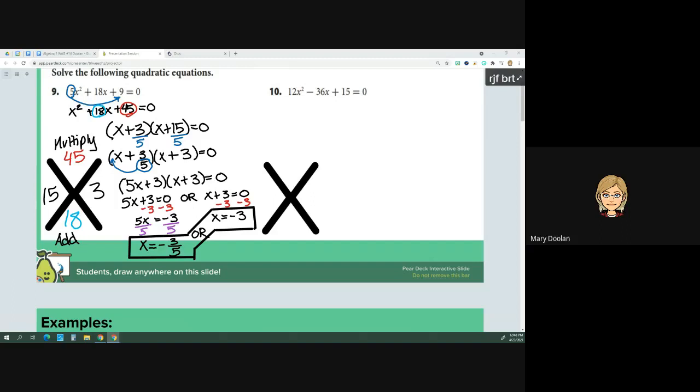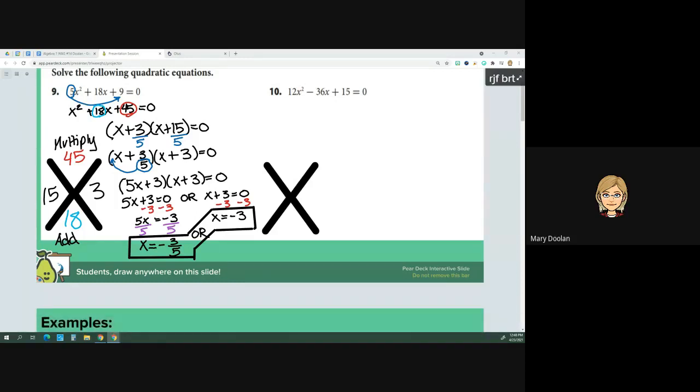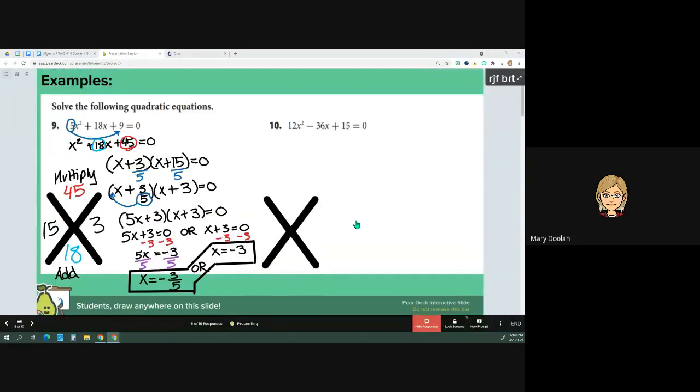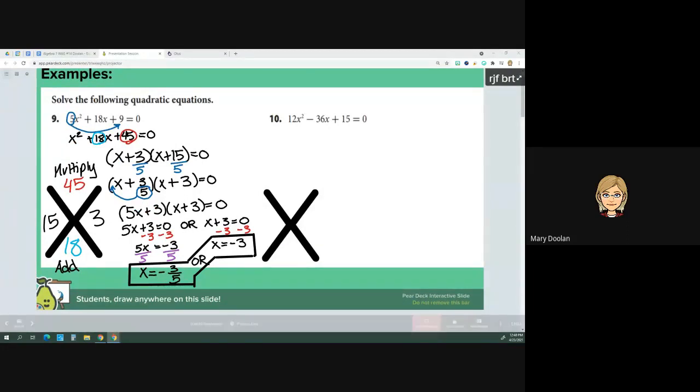Yeah. Does this make sense? Is there anything I could clarify? I know it's a lot happening, right? There's a lot of steps.